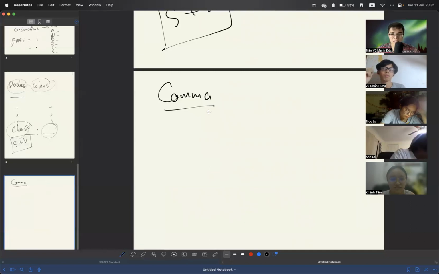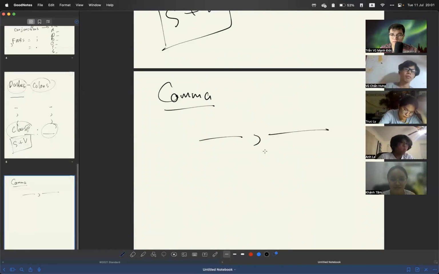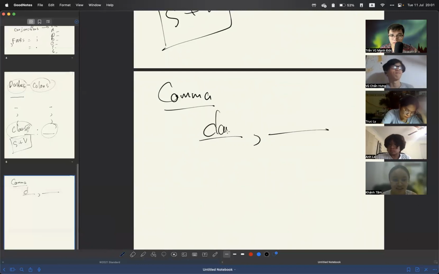That's very advanced. But yes, it separates a modifier, but a comma is a separation. It's used to separate two what? A clause and a... A clause. What do you mean clause?